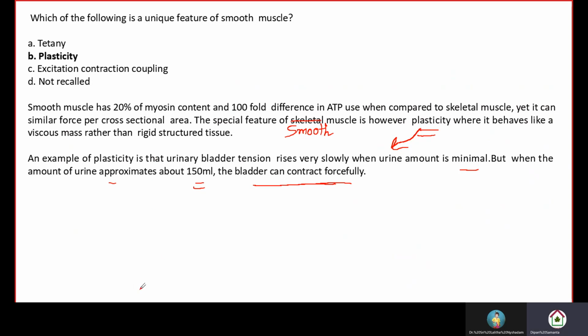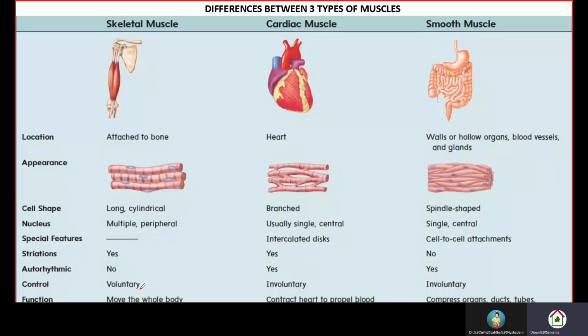If the bladder is not filled completely, the bladder can still contract forcefully. That is called plasticity. Smooth muscle has this feature, which skeletal muscle doesn't have. Okay, this is about plasticity, smooth muscle's unique feature.